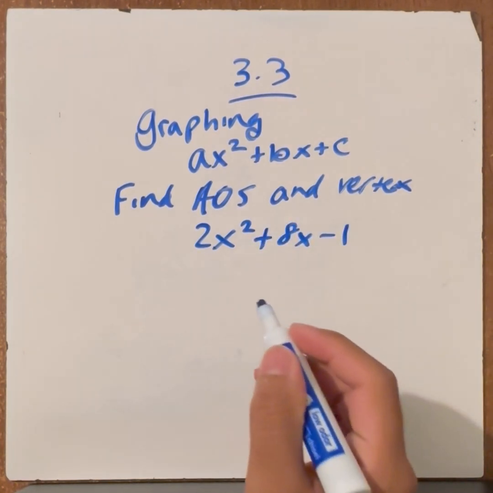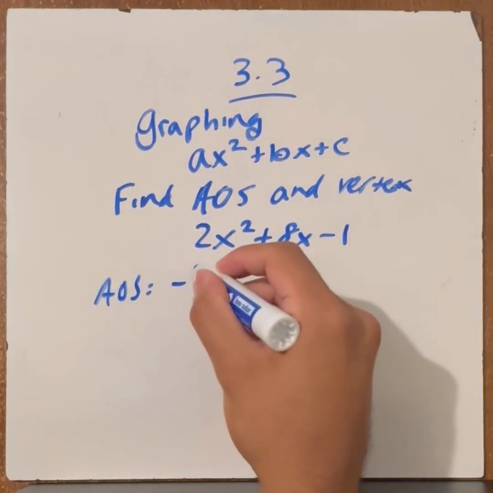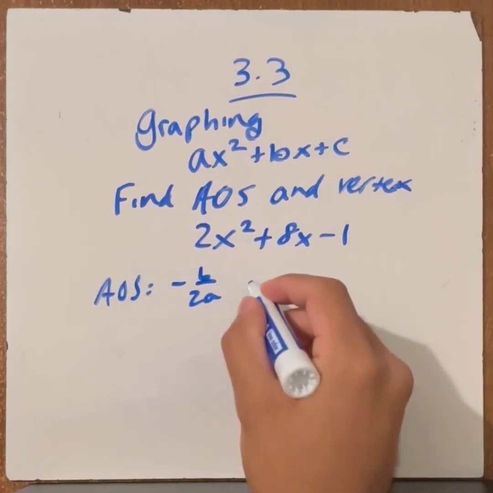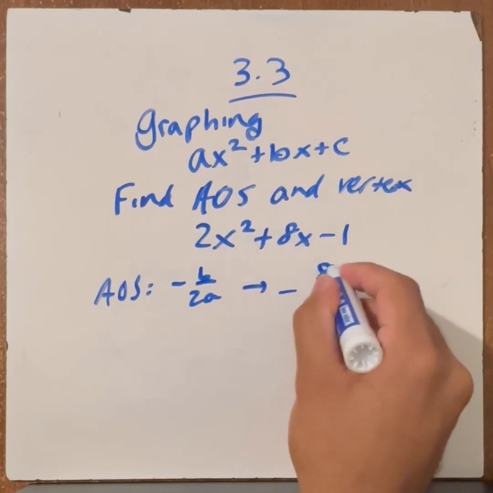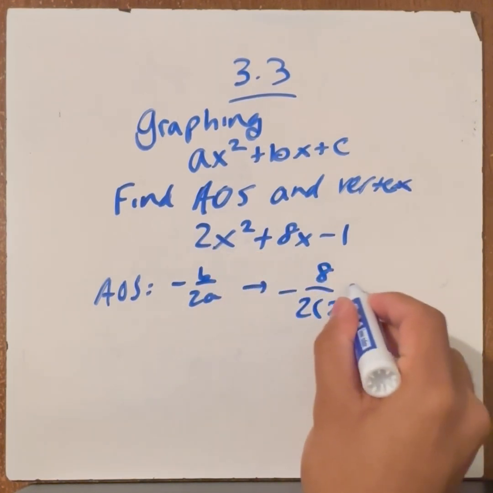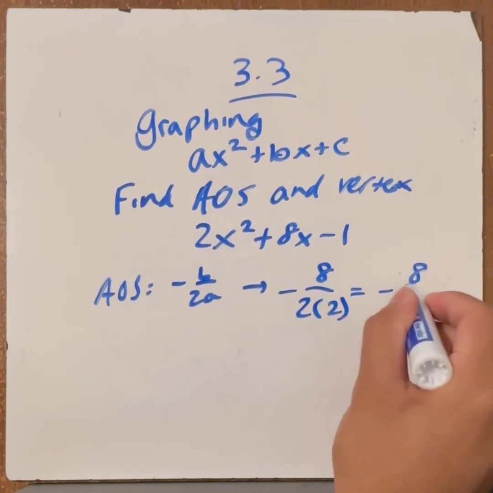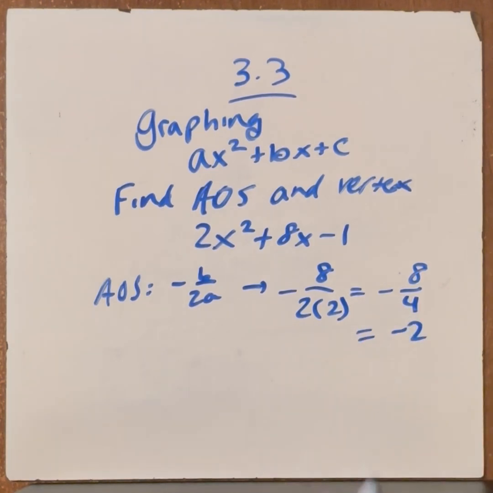So the axis of symmetry is the formula negative b over 2a. Negative b is negative 8 over 2 times a, so a is 2, so 2 times 2, which is the same thing as negative 8 divided by 4, and negative 8 divided by 4 is negative 2. So the axis of symmetry is x equals negative 2.